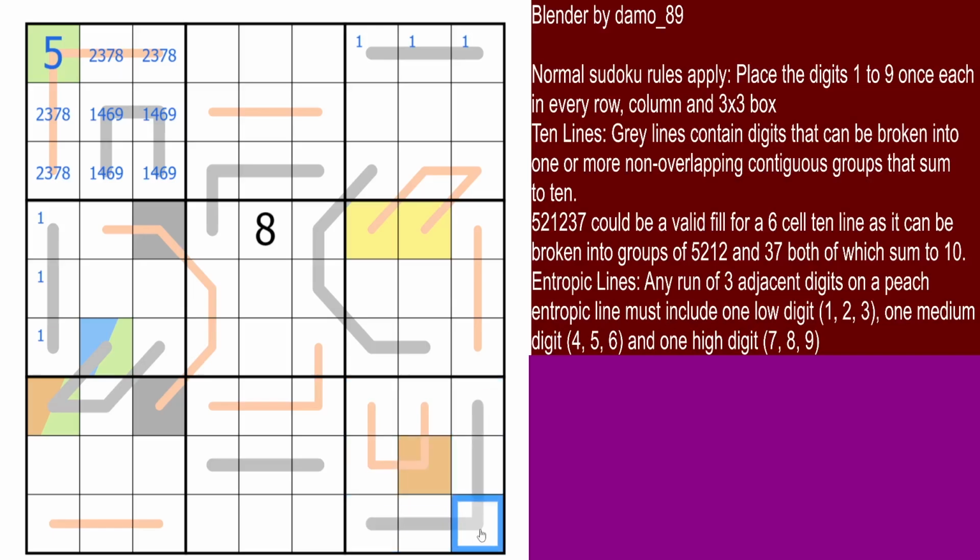And even if you take the minimum high digits, which are 7, 8, right? That sums to 15, and that means the 3 digits, whichever 3 digits are there. So let's just say that 7 is here and 8 is here, right? So whatever the next 3 digits are, they must sum to 5 because we know that we have 2 10 segments here which sum to 20, and now 15 of that is already gone. So these 3 must sum to 5, and these all are seeing each other.